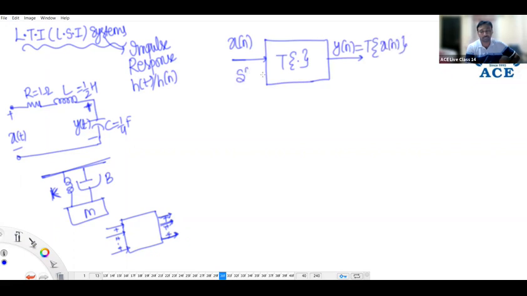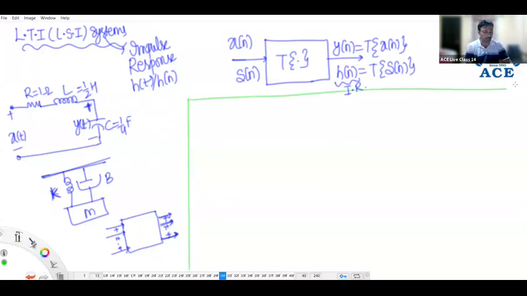When you apply input as del n, whatever output we get is called the impulse response. Impulse is the input means impulse response is the output. Step function is the input means step response is the output. Whatever input we apply, the response is the tag attached.